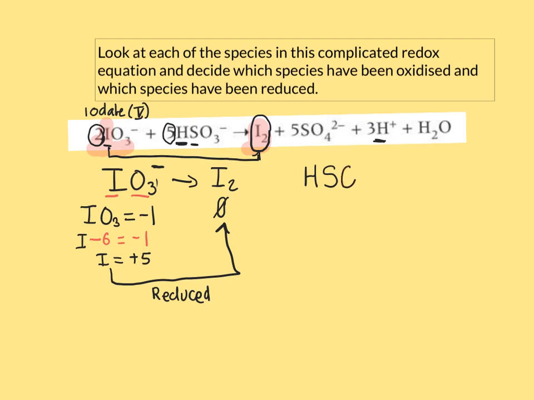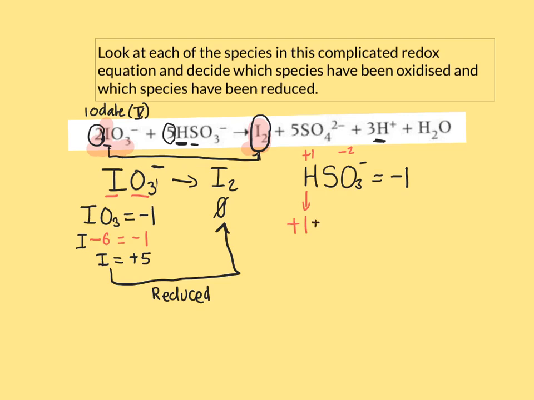So the HSO3 minus ion. We know from our rules that hydrogen is always +1 when it's combined, and that oxygen is always -2. The sum of the oxidation states is the charge on the ion, which in this case is -1. So hydrogen is +1, so we can write that in.